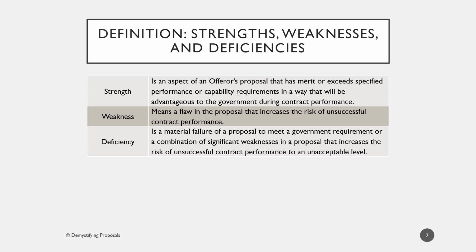Weakness means a flaw in the proposal that increases the risk of unsuccessful contract performance. A deficiency is a material failure of the proposal to meet a government requirement or a combination of significant weaknesses in a proposal that increases the risk of unsuccessful contract performance to an unacceptable level.